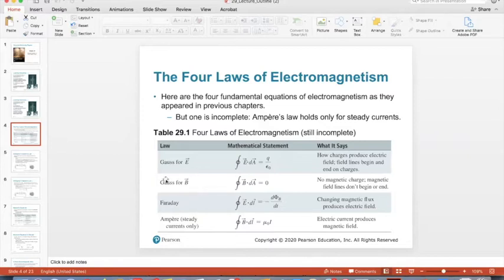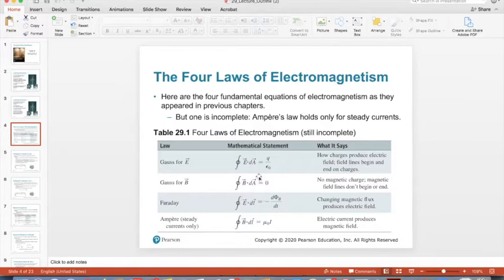Gauss's law for magnetic fields says that the integral of B dot dA, the magnetic flux through any closed surface, is always 0. And that's because there's no such thing as a magnetic charge. This in differential form says del dot B equals 0.